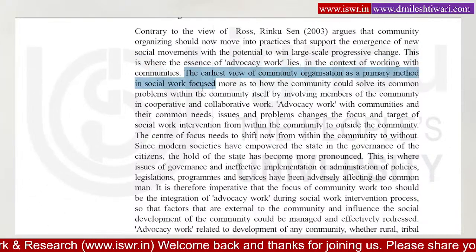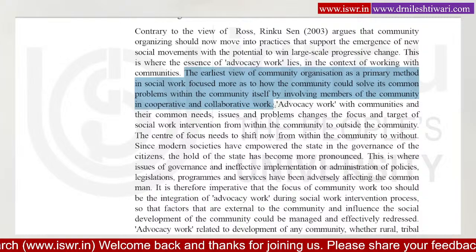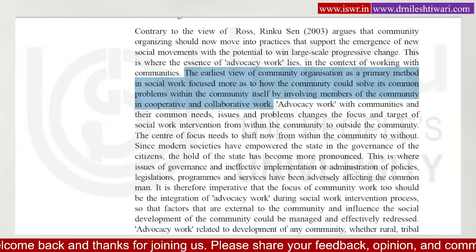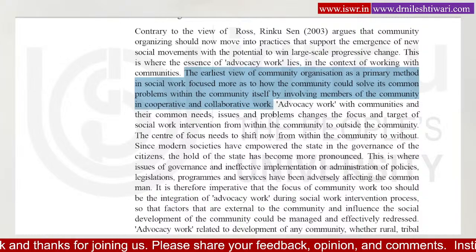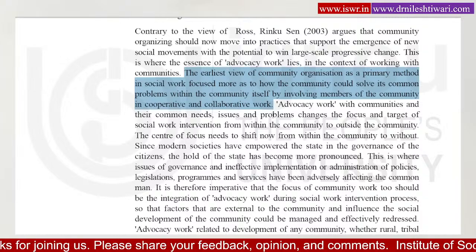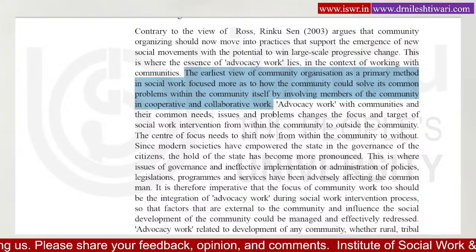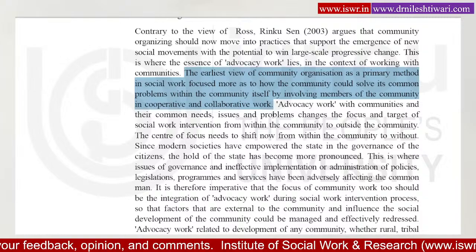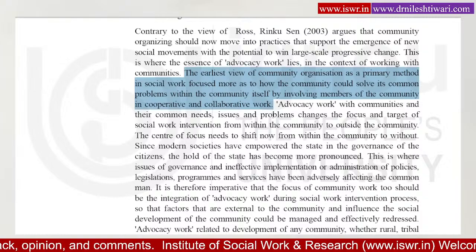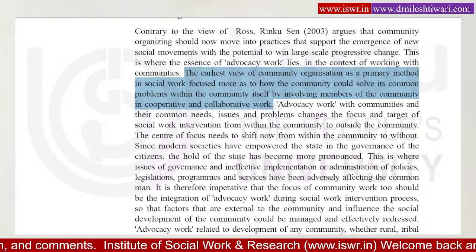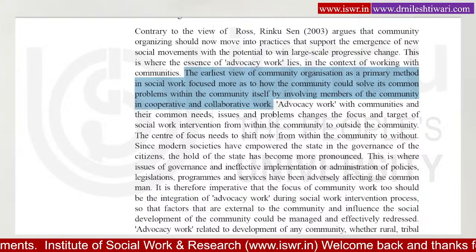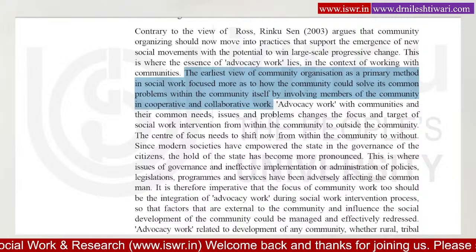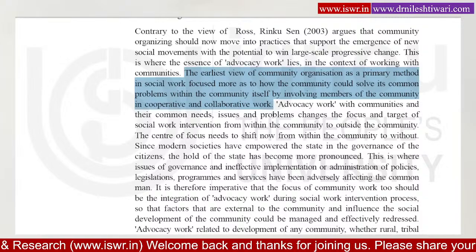See, this line is very important. It says the earliest view of community organization as a primary method in social work focused more on how the community could solve its common problems within the community itself. And how will they do it? They do it by involving the members of the community in cooperative and collaborative work.